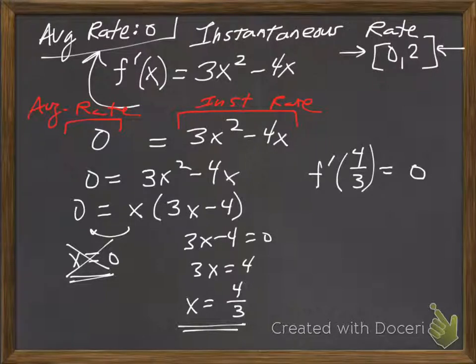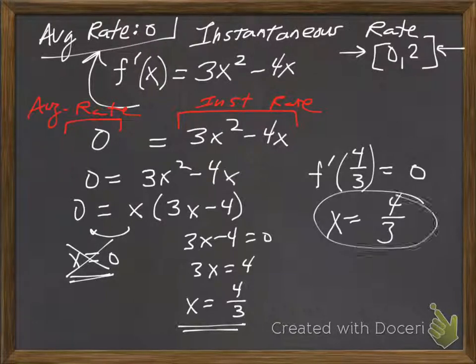And we call it c just to differentiate it, no pun intended, I guess, from a and b, which are the endpoints of the interval, and c must lie within that interval. And indeed, 4/3, or 1.33 repeating, is in between 0 and 2. So x equals 4/3 is your answer. All right, hope this helped.